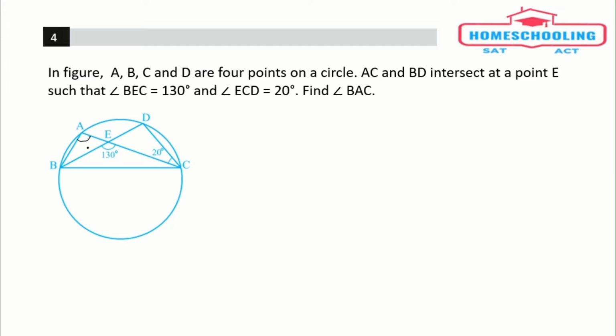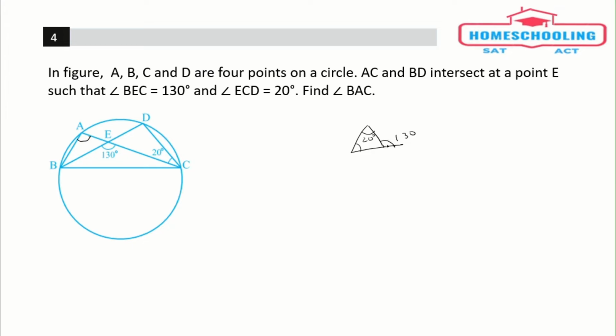As we know, in a triangle we have read a property that the exterior angle is equal to the sum of the two interior angles. So similarly here, if we consider this one as a triangle, this is 130 degrees, and this one is 20 degrees.